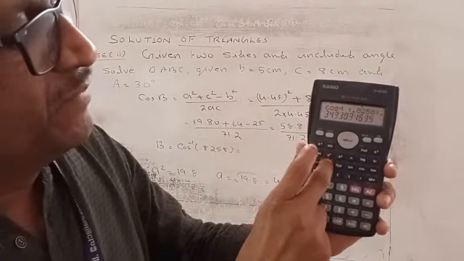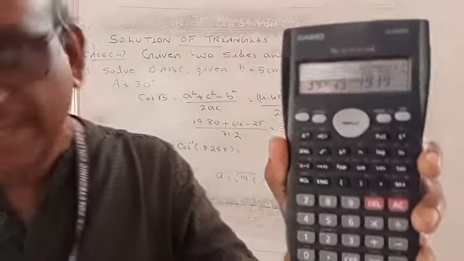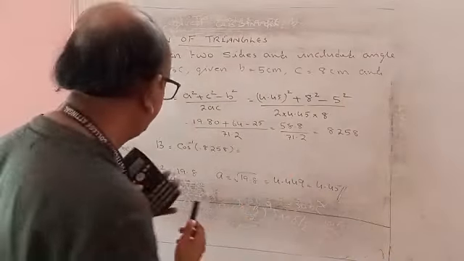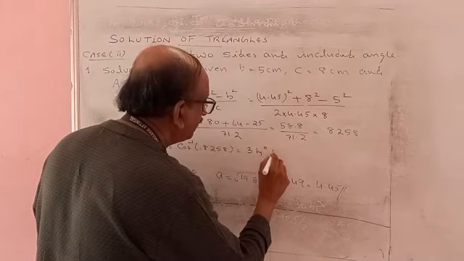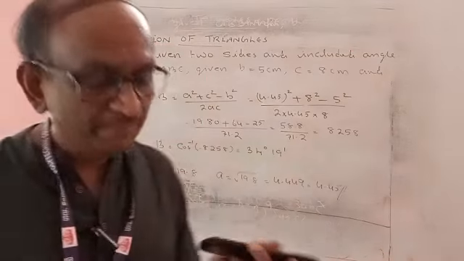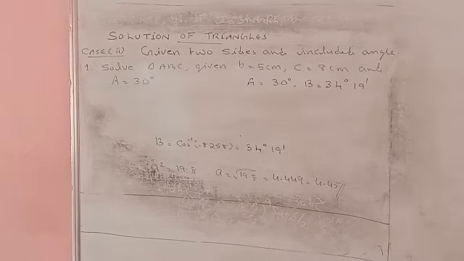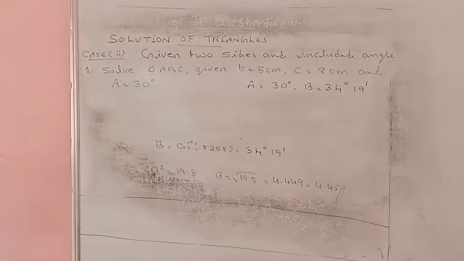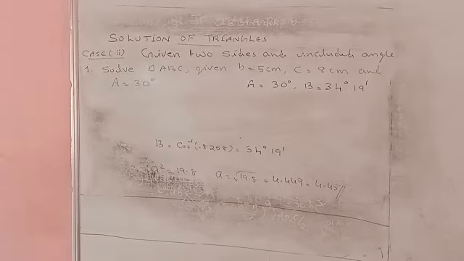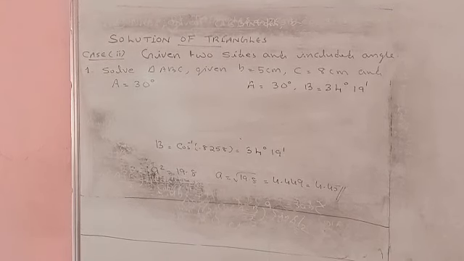Convert it into degrees and minutes, we get 34 degrees 19 minutes. This is angle B. Here A is the given quantity, 30 degrees, and we found B, 34 degrees 19 minutes, and we also found small a. The only thing left is we have to find angle C.